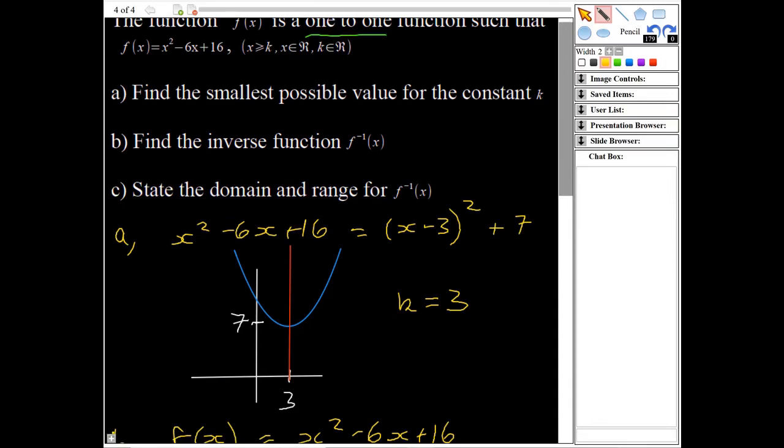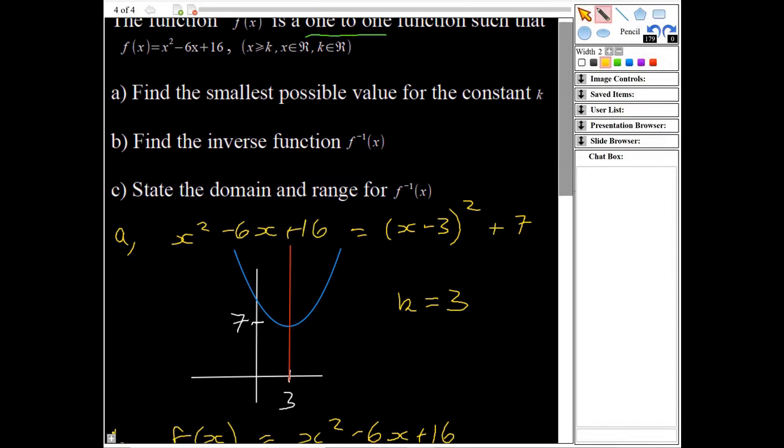And then it says state the domain and the range for the inverse function of x. So if I look at my sketch for my graph, I can already see that if we talk about the actual function first of all, the domain for the function, what I put in, has to be greater than 3.